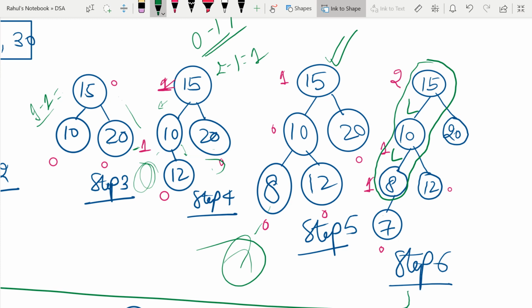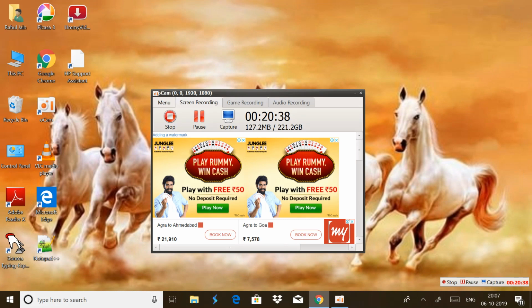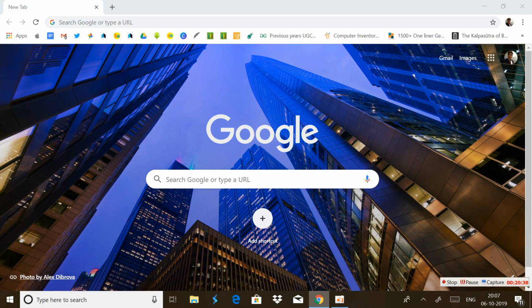And if we talk about the balance factor of this root 15, then here it is creating an LL imbalance. Why is it creating an LL imbalance?